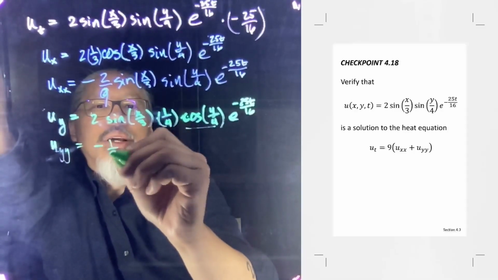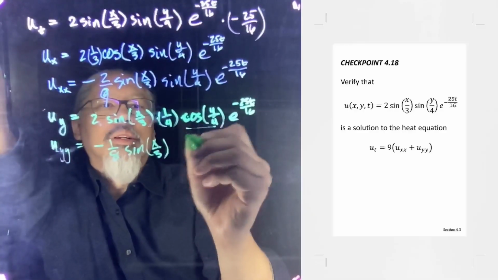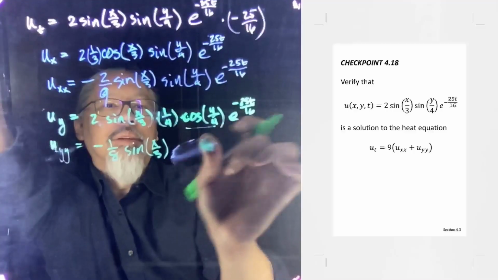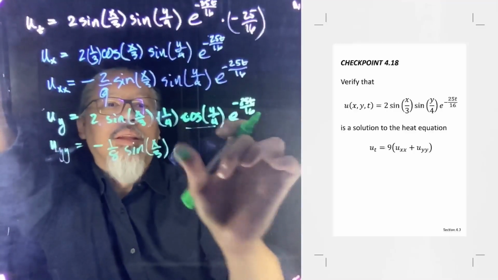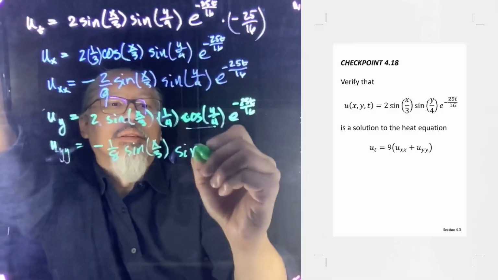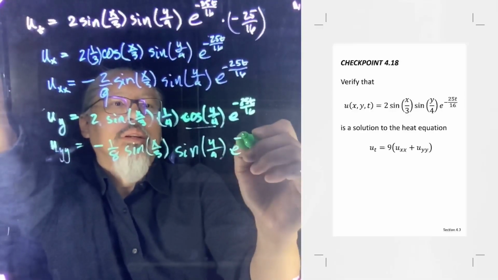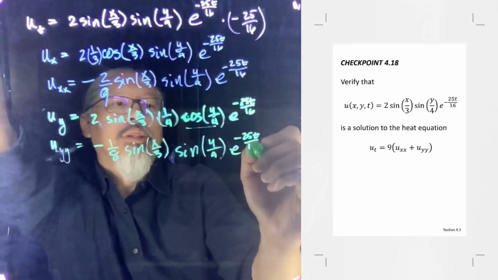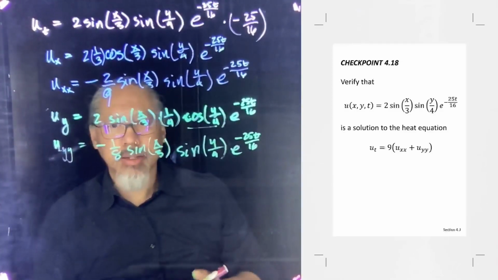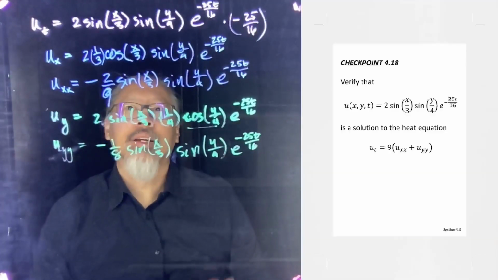So negative 1/8 sine x over 3, and the derivative of this cosine is sine again, sine y over 4, and then e to the negative 25t over 16. So that's what we have.